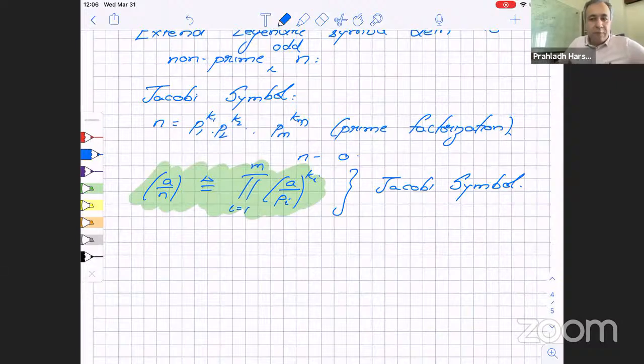But now I will state a few facts regarding the Jacobi symbol. Most of them will follow from the definition, and a couple of them are non-trivial. But once you see all these facts together, we will see that even though this way of defining it requires you to know the factorization, you can actually compute the Jacobi symbol very efficiently. So let's list a bunch of properties of the Jacobi symbol.